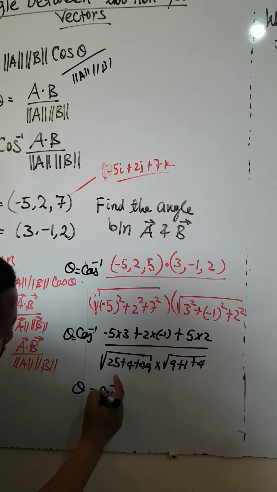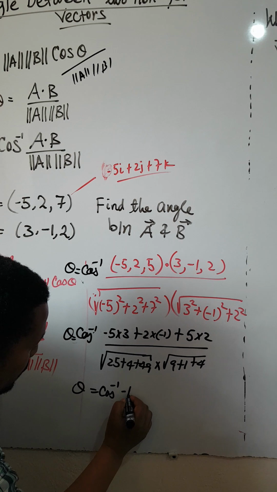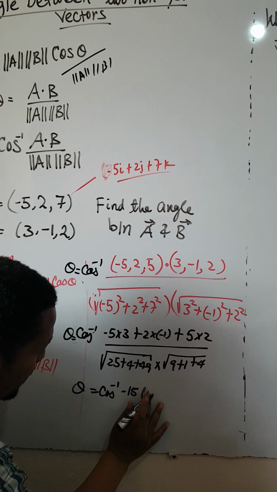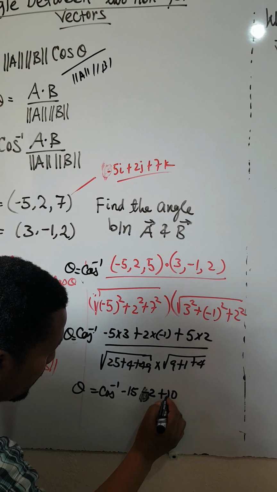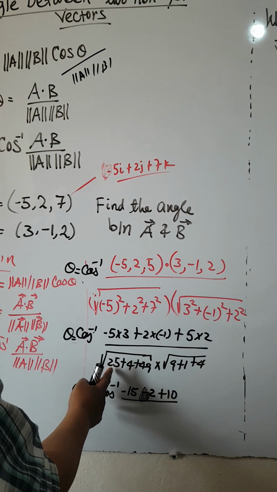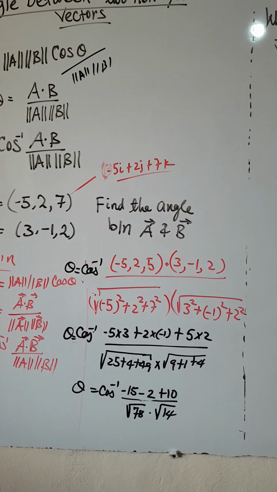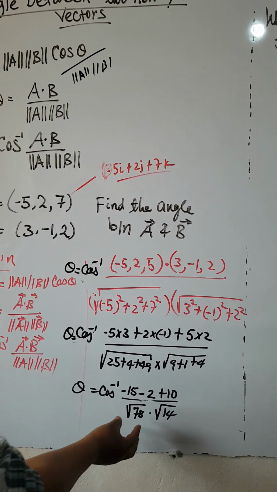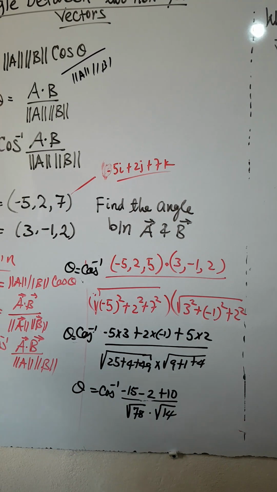Theta is equal to cos inverse, here negative 15 plus negative 2 plus 10, divided by ይሄን ድምር እንውሰድ: 25 plus 4 plus 49, ይሄ ስኩዌር ሩት ውስጥ ያለው 78, then product ላይ እንሄዳለን። ስኩዌር ሩት ውስጥ ያሉትን እናባዛለን። 78 times 14 is equal to 1,092.